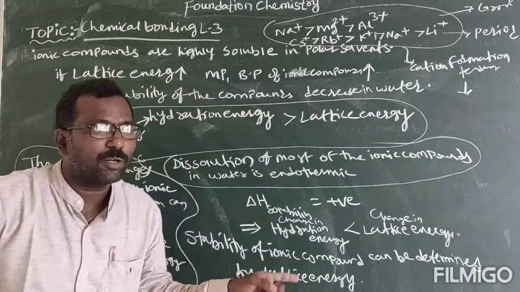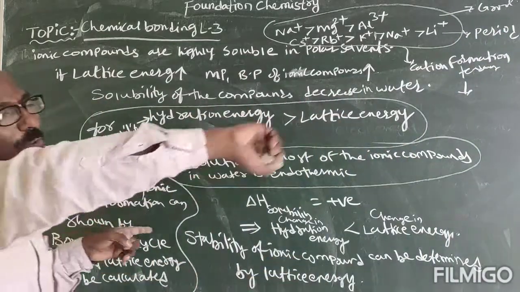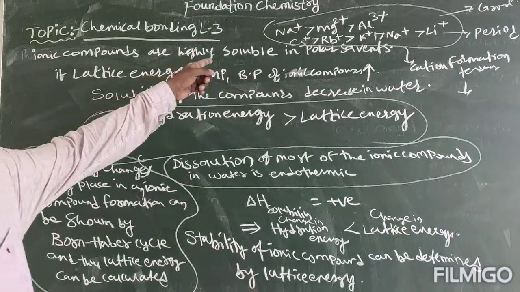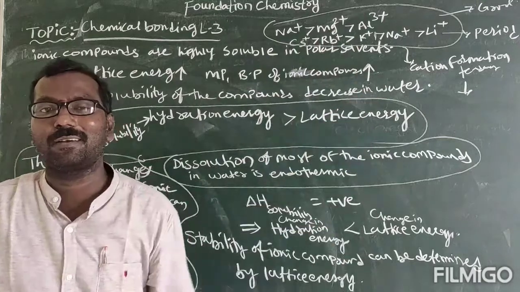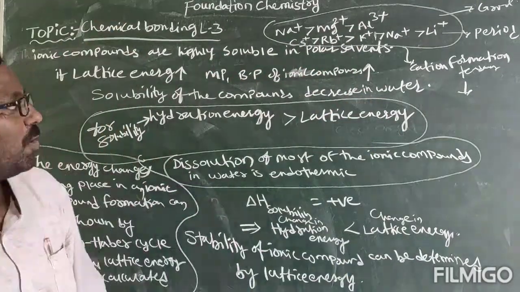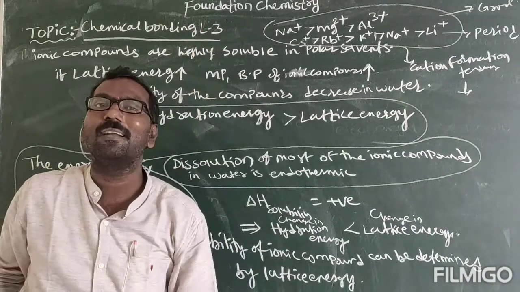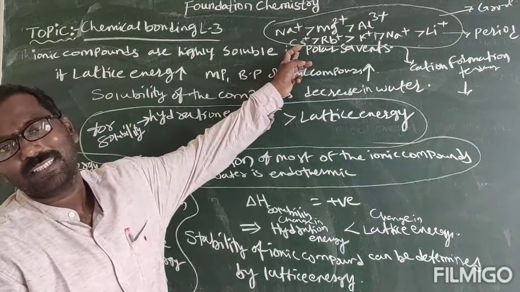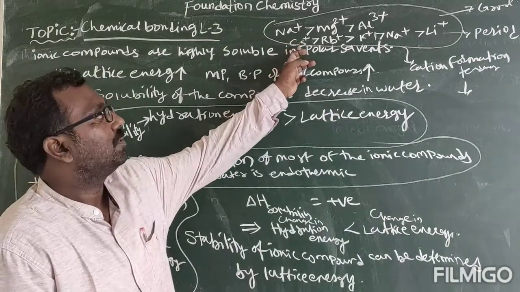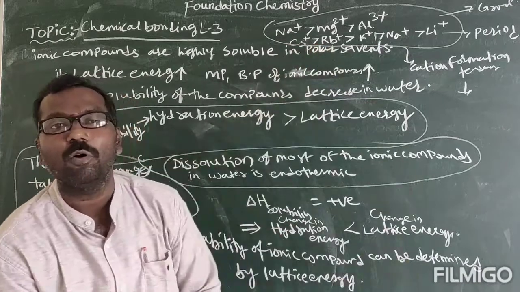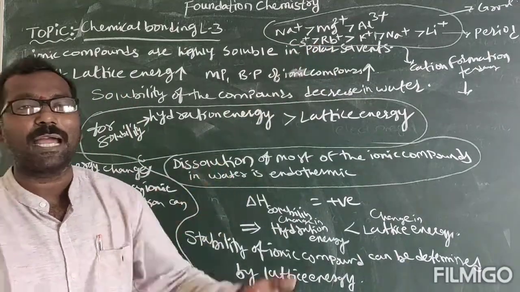See, in a period, as we move from left to right, what happens to the cation tendency? It becomes less, least. So this will become the highest tendency. Cesium has more tendency to form a cation. Why?